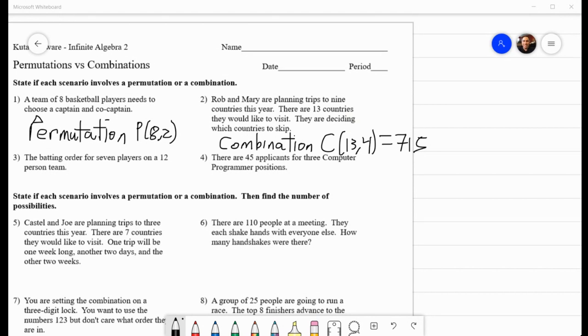Okay, what about number 3 then? The batting order was 7 players for a 12-person team. Hopefully this one is kind of obvious. Permutation or combination? Anyone? Yeah, permutation, because order matters here.